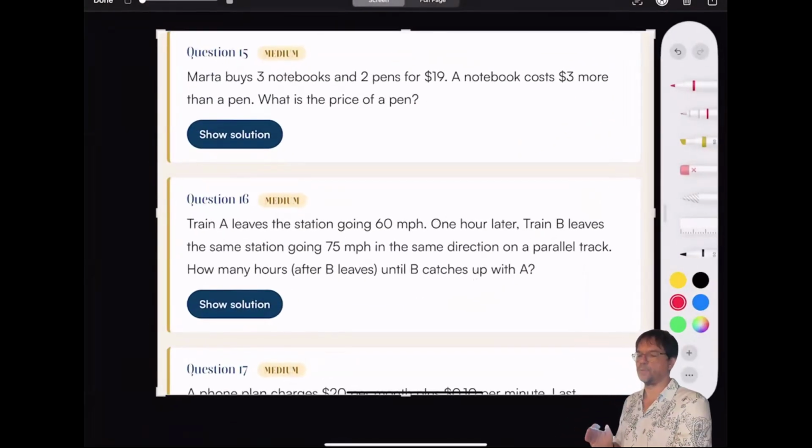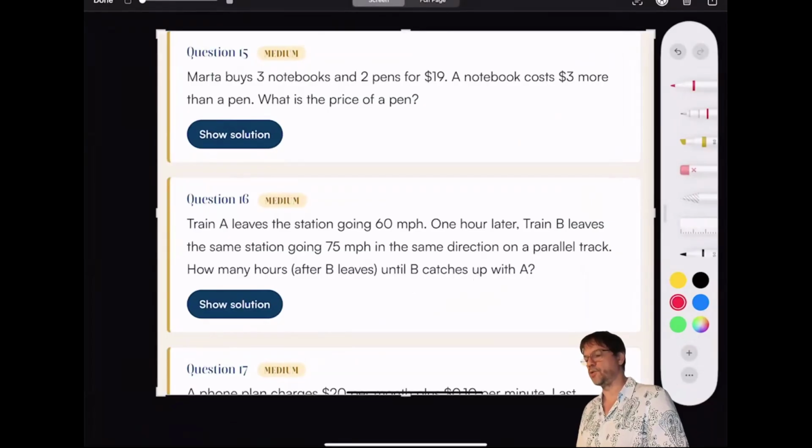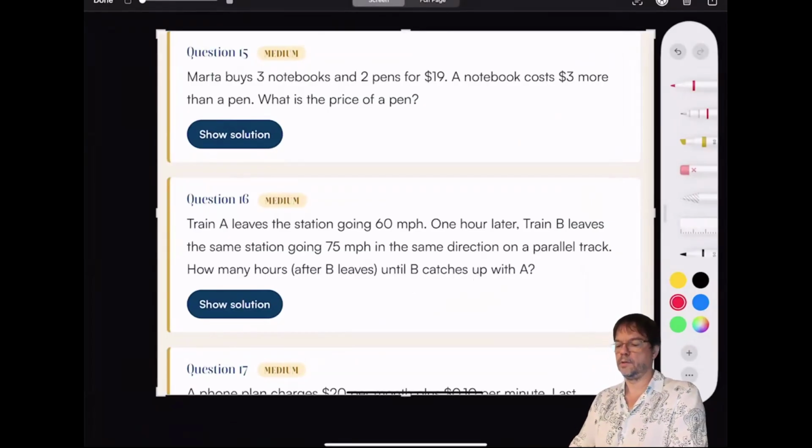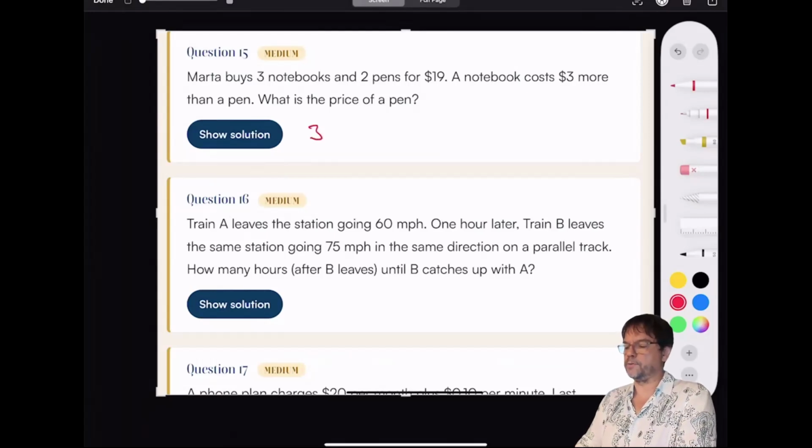Martha buys 3 notebooks and 2 pens for 19. Do you know how much each notebook costs? Each notebook costs 3 more than a pen, but we don't know how much it costs. So I know I have 3 notebooks and I put n to the unit cost.